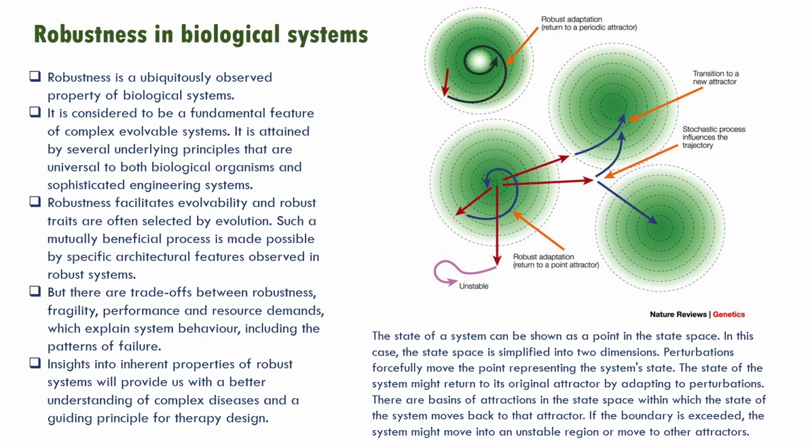So biological systems have grown to be robust, surviving in these environments, evolving over time. And this robustness facilitates evolvability, and robust traits are often selected by evolution. This is why we have such robust biological systems after millions and millions of years of evolution.